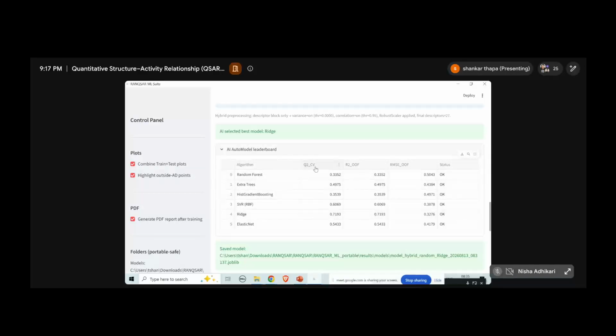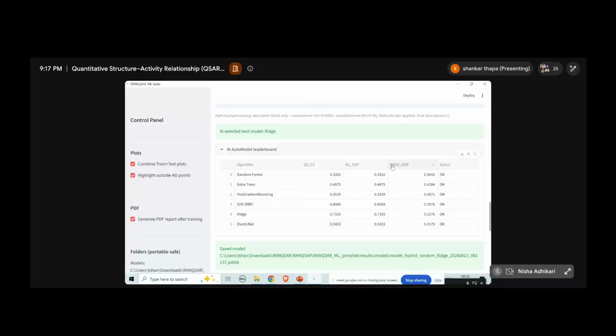If you see the Q-square CV value, now we use the OECD guideline. We have to go through our cutoff value and compare with our obtained value, right? This is 0.71. Actually above 0.7 is acceptable, but if it is near to 1 or near to 0.9, that is very good.